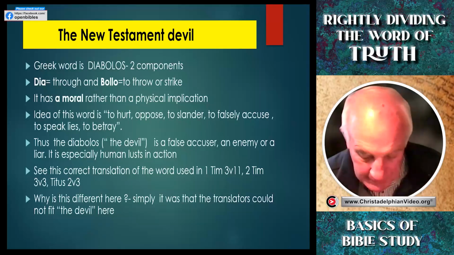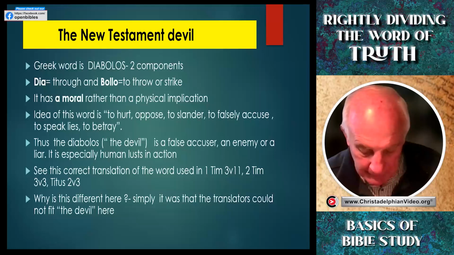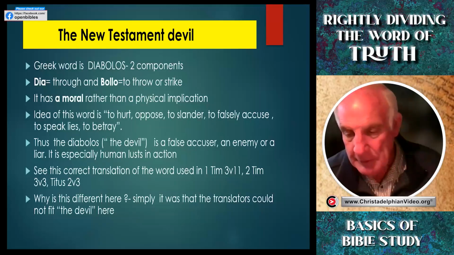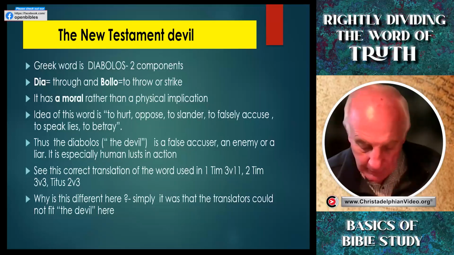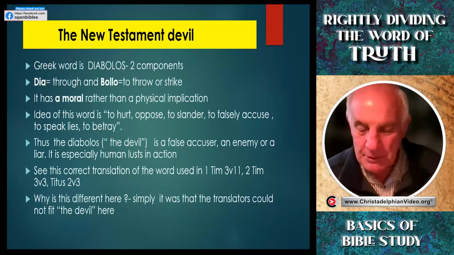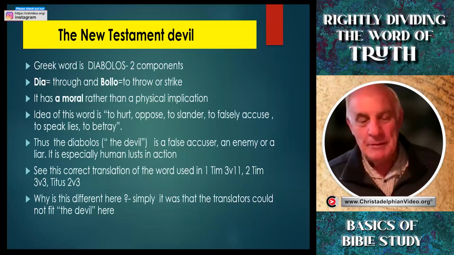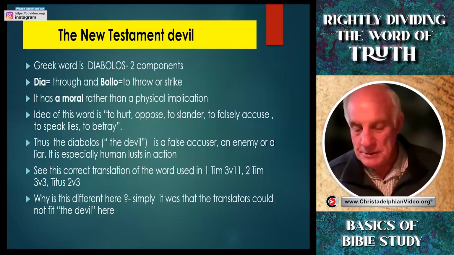And so it says, verse 11, even so must their wives be grave, which means sober, not slanderers, sober, faithful in all things. So the wives of deacons had to be exemplary as well. And one of the things they could not be was slanderers, and that's your word diabolos. And so you can see that on that occasion, they very correctly translated it into the record as to slander, to falsely accuse.